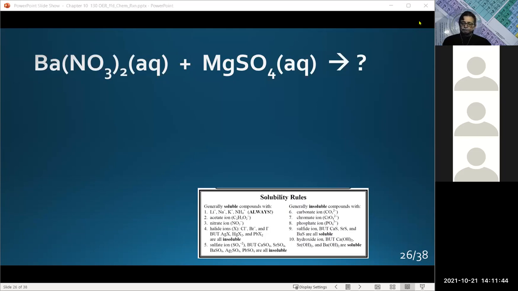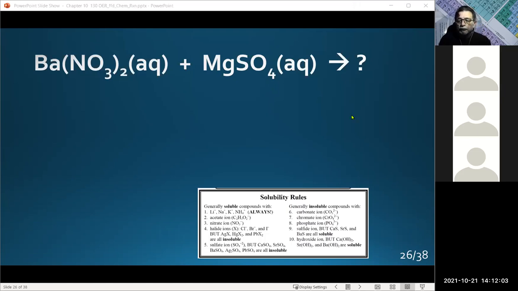So in order to attack these problems, the first thing you got to do is, with the new partners that are created, like we've been doing, you first write them in ionic form.